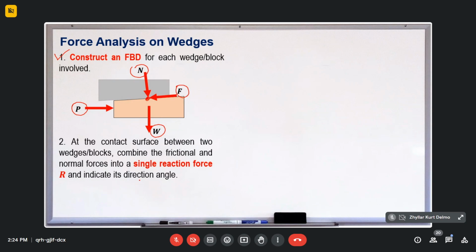The angle between the normal force and the reaction, as shown right here.